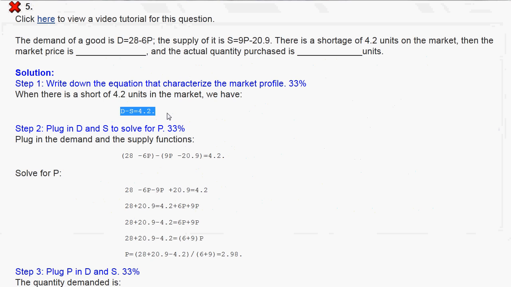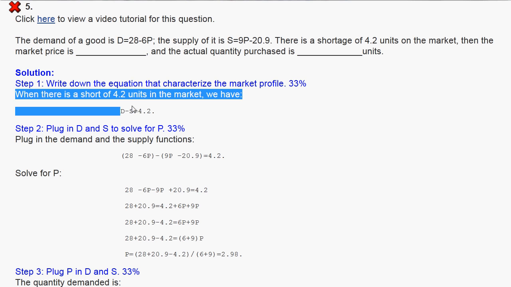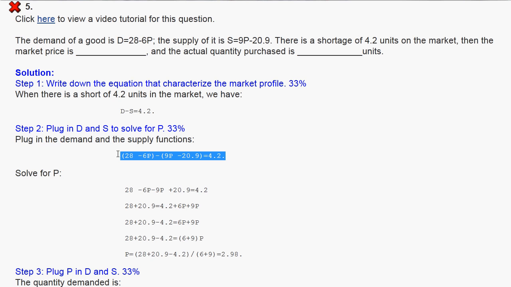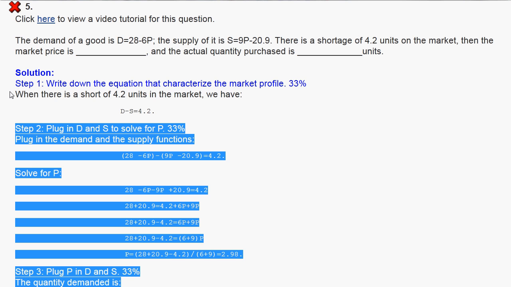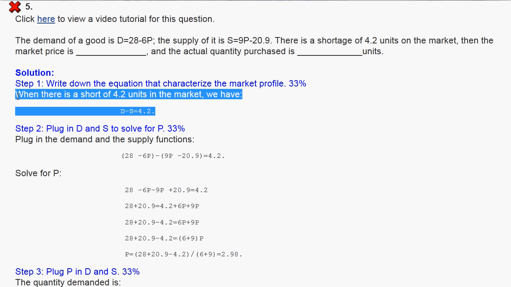You can say D is equal to S plus 4.2, or D minus 4.2 is equal to S. They're all the same. Anyway, you need to write down this equation. You can't just jump into the following equation. This shows that you understand what it means when there is a shortage.